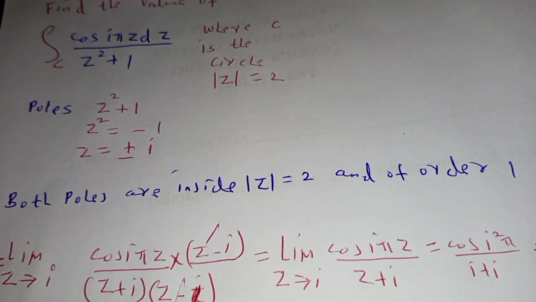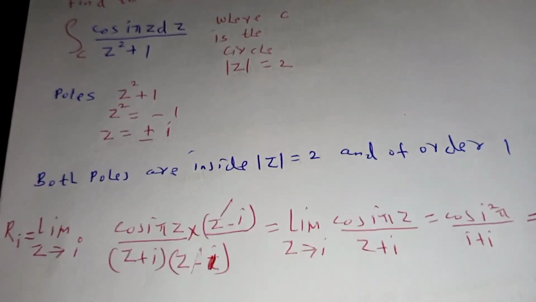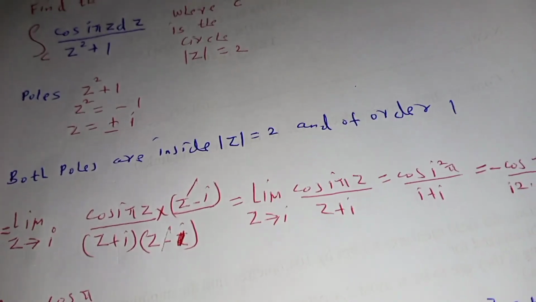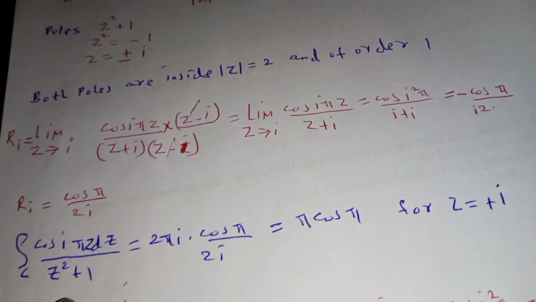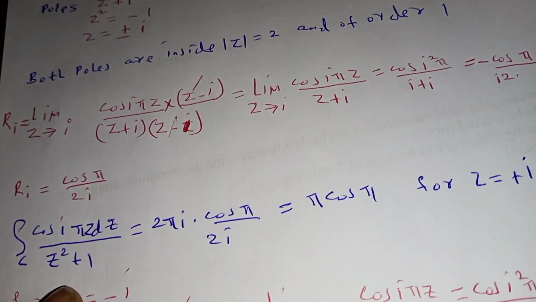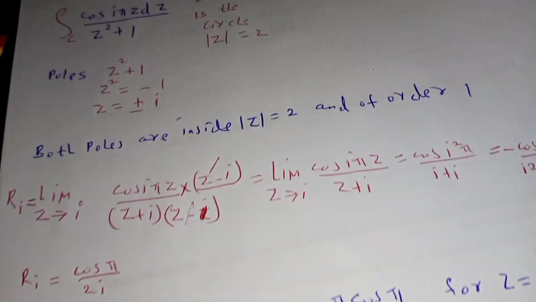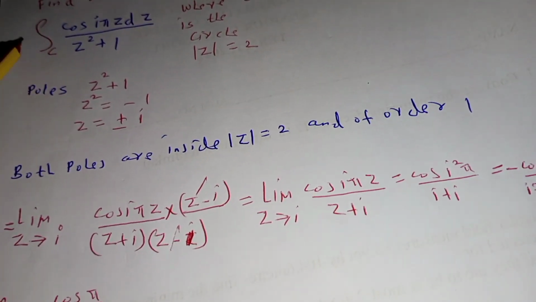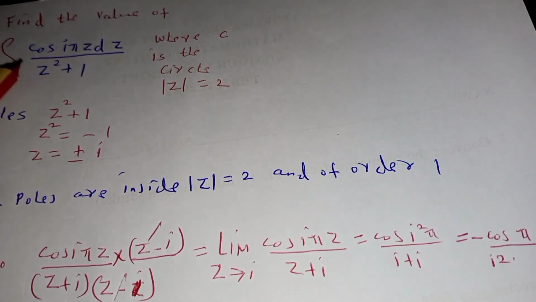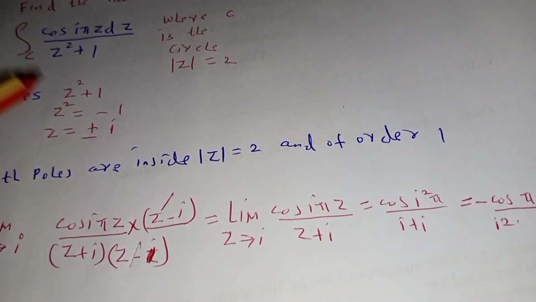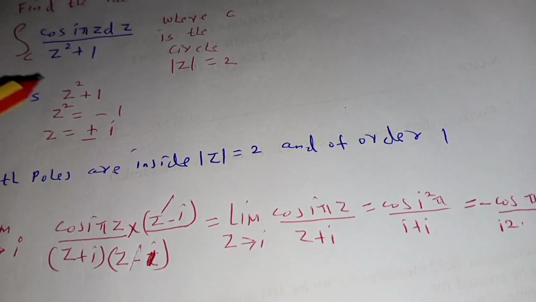So thanks so much for taking your time to study with me on how to evaluate a complex integral using the Cauchy integral formula for a single factor. The steps are simple. First of all, you identify the poles.